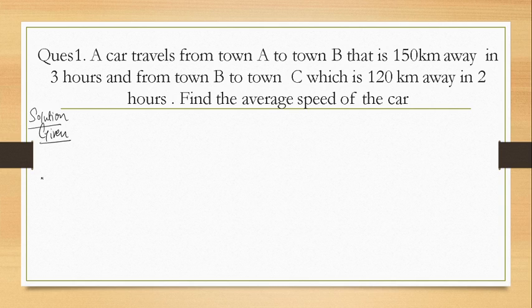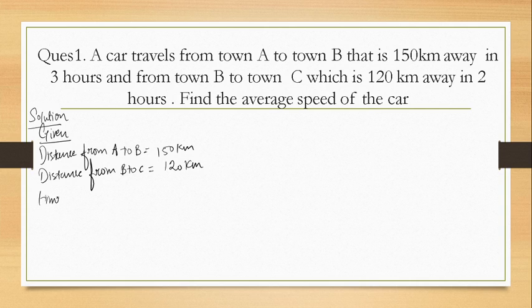Distance from A to B is 150 km. Distance from B to C is 120 km.